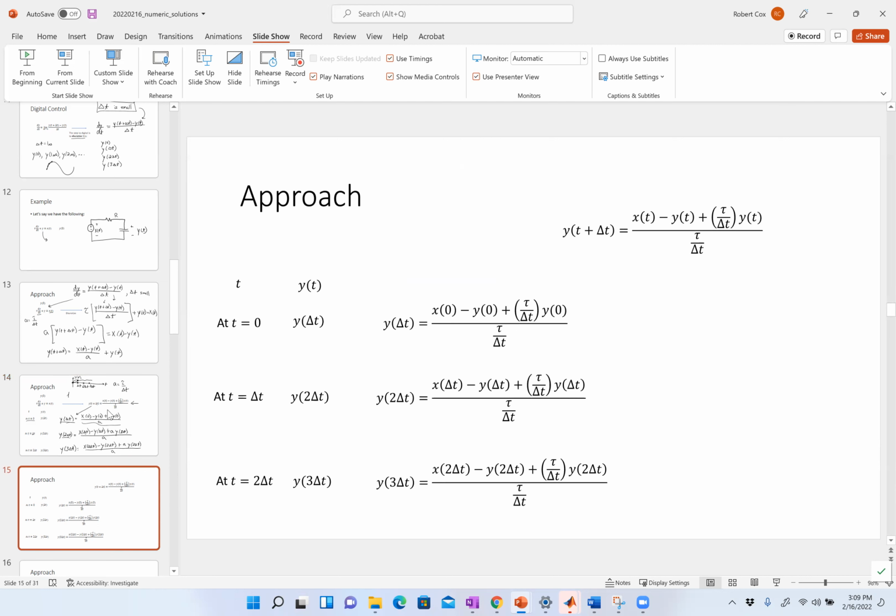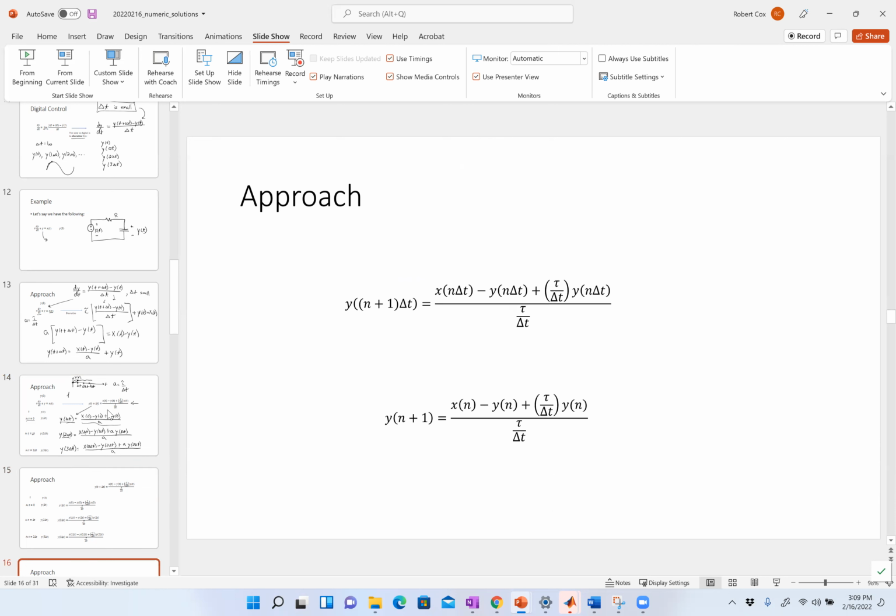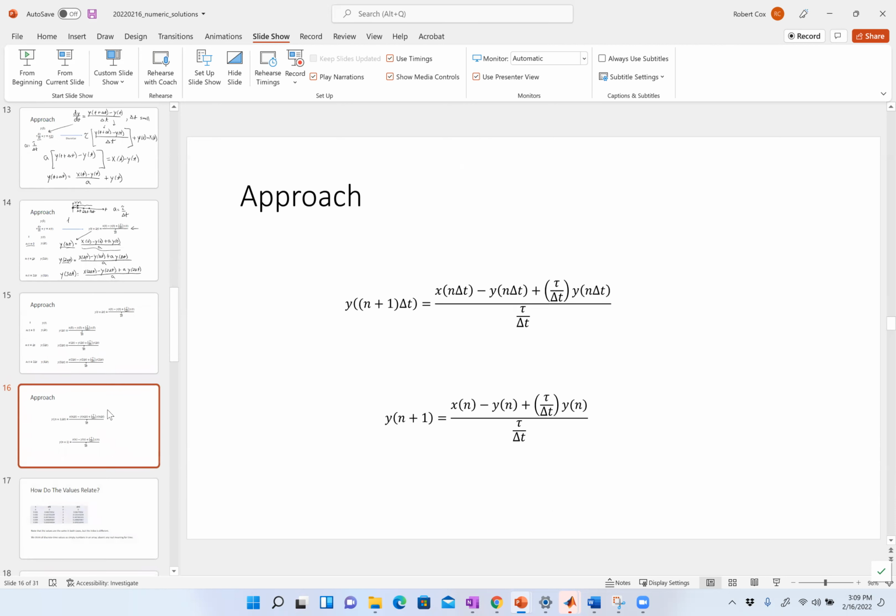All right, that's it, kind of neatly written out. What can I see in general? If I try to generalize this, what is that saying?